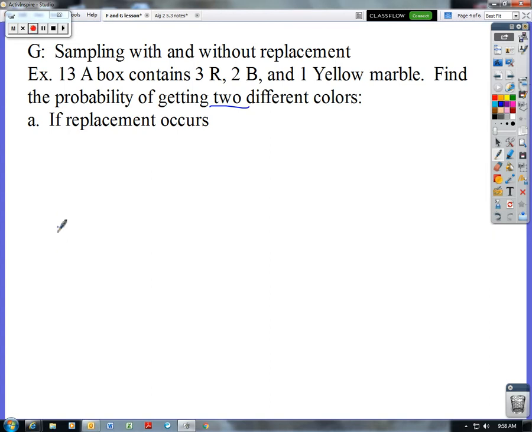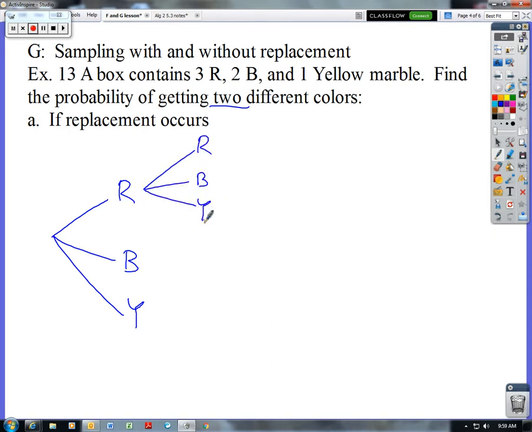Then we choose again, and we could also get red, blue, or yellow. Notice replacement is occurring, so we're starting back with the original marbles every time. So down here we will be able to draw yellow again. Even though there's only 1, we're replacing it, so it's still possible it's there again.